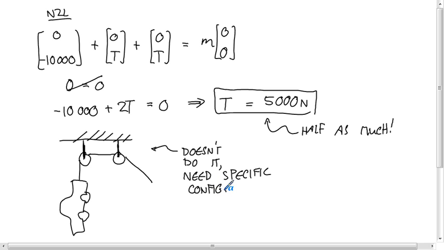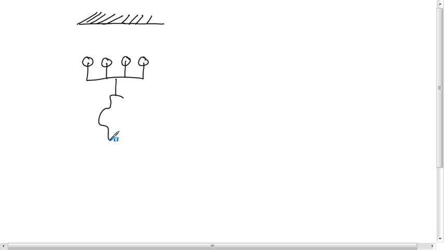So let me draw a picture that would give you a bigger reduction. There's the ceiling, and let's say the big mass is hanging from this system of 4 hanging pulleys.